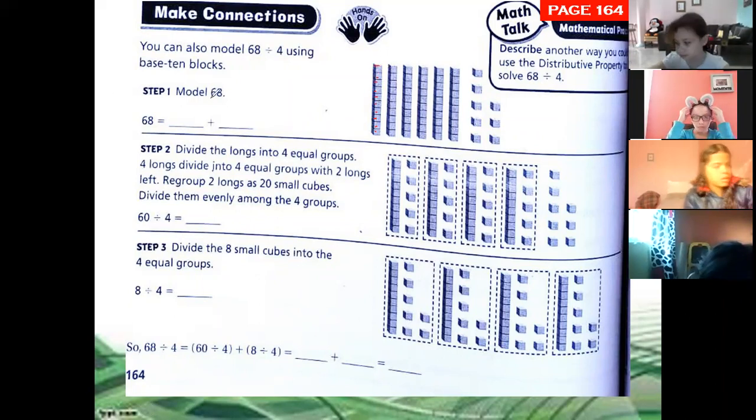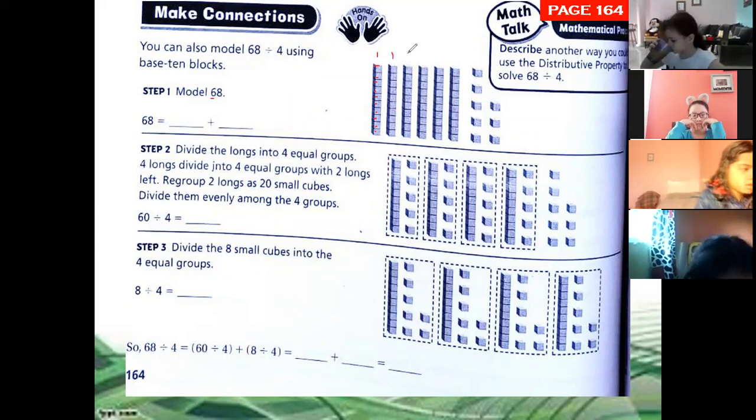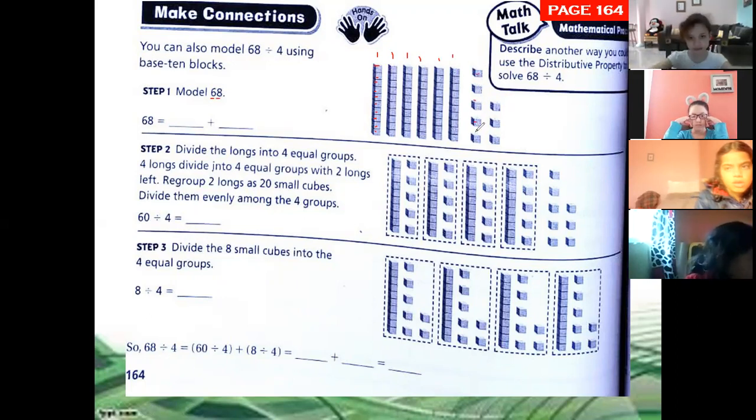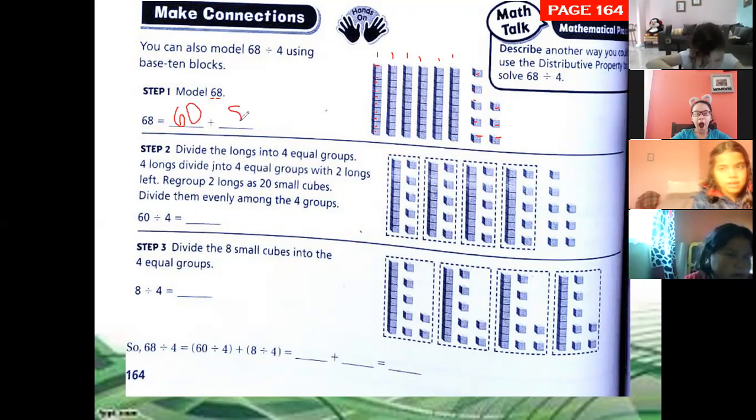And if I have 6 10s here, so I need 6 blocks, 6 10 blocks, 1, 2, 3, 4, 5, and 6. And this one, the ones, 8 ones, 1, 2, 3, 4, 5, 6, 7, and 8. So here, let's divide it into 10s and 1s.